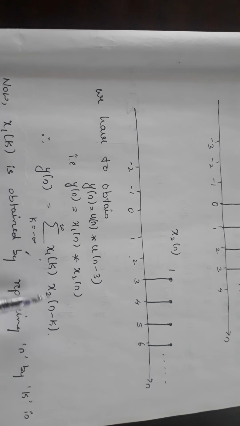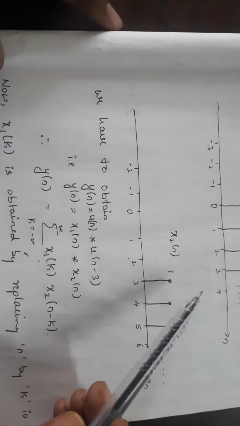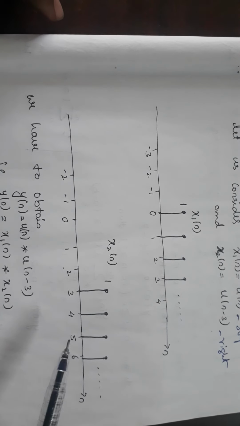This is the main formula for convolution sum. In order to solve this convolution summation, we need to obtain x1 of k and x2 of n minus k. These are obtained from the two signals, x1 of n and x2 of n.